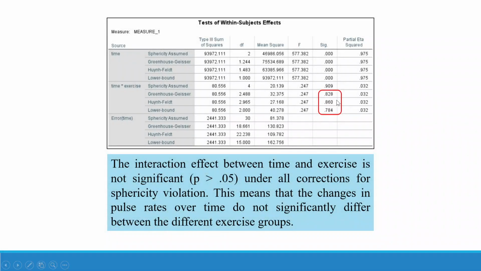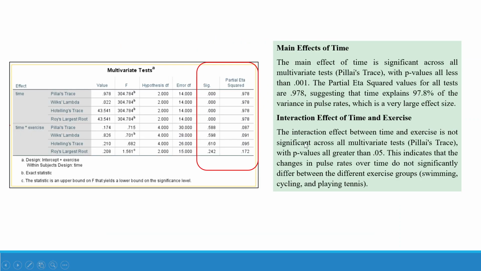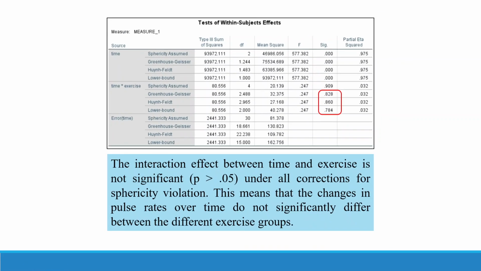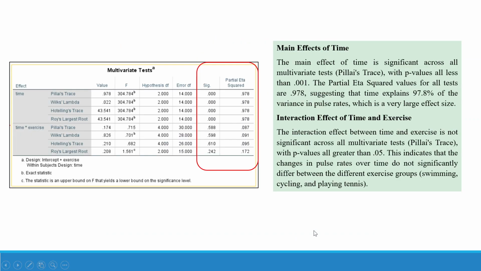You will have to only see the sphericity corrections, not sphericity assumed, as it is already violated. Okay. So the interpretation is, this means that the changes in the pulse rates over time do not significantly differ between the different exercise groups.